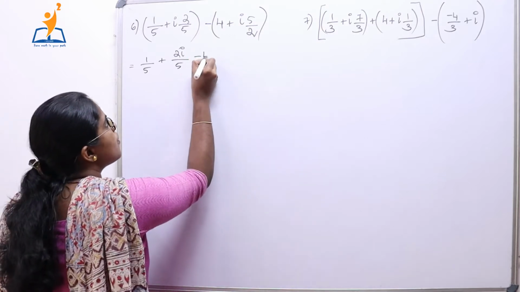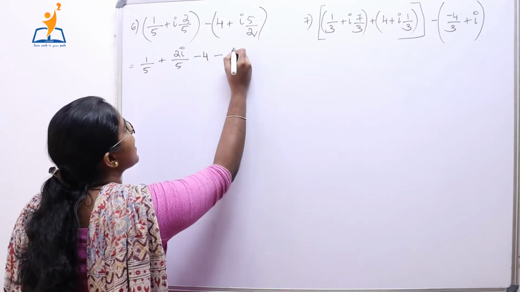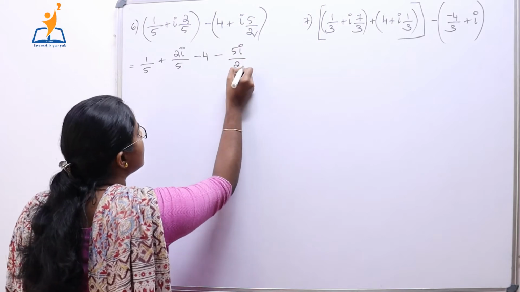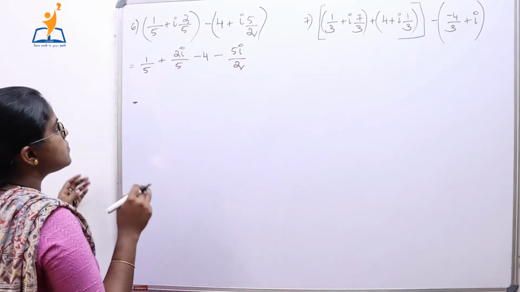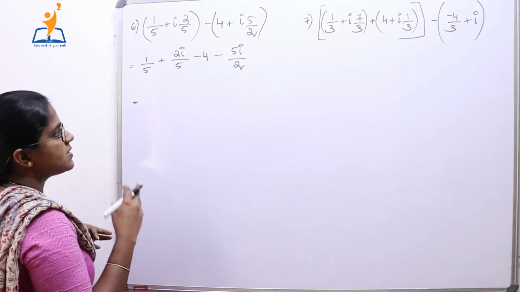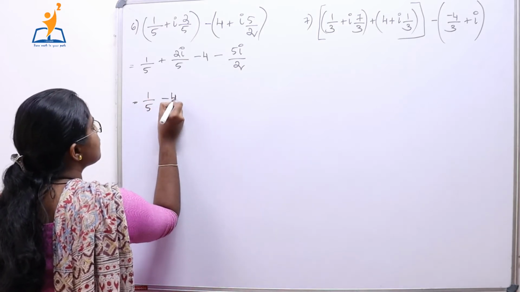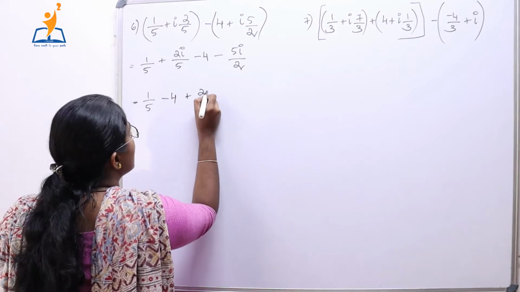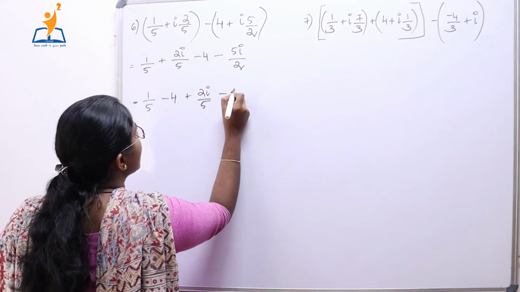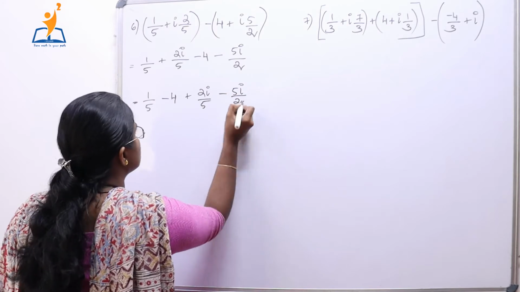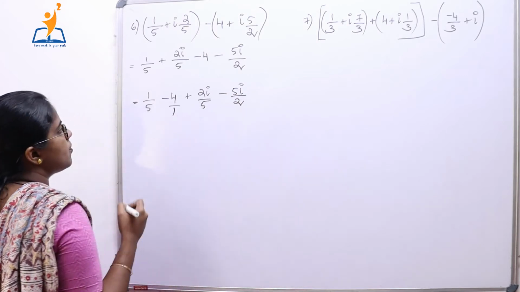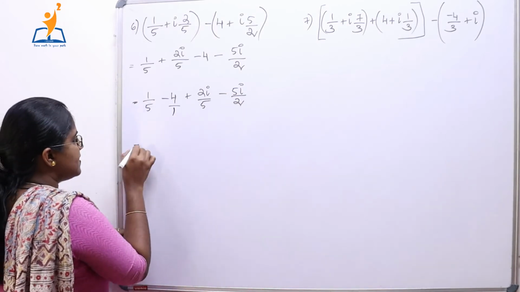So minus 4, minus into plus is again minus 5i by 2. Now next step is to add the real parts and add the imaginary parts. So it will become like this: 1 by 5 minus 4 plus 2i by 5 minus 5i by 2. Here we have denominator 1. So we want to add this.